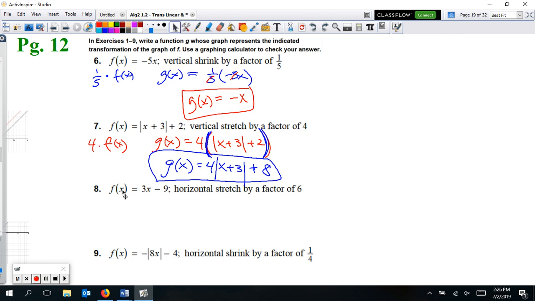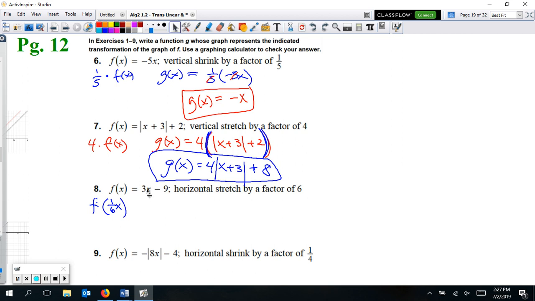We're going to multiply in here where the x is. And because it's horizontal, here's the part that can get confusing. You have to multiply by the reciprocal of the number. So the reciprocal of 6 is 1/6. So this is what we're doing. The x inside the function is going to get multiplied by 1/6. Now that tells you what you can substitute in for the x in this function.